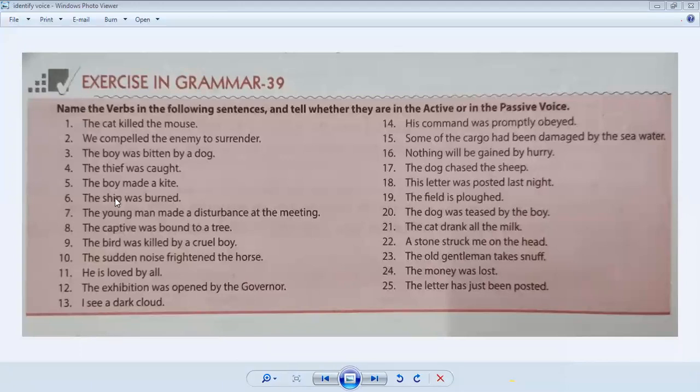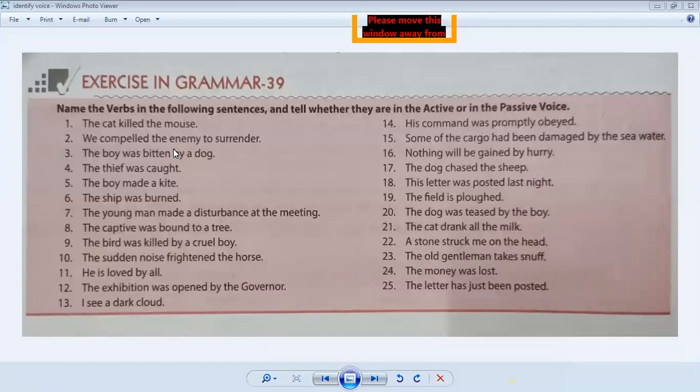Now look at the third sentence. The boy was bitten by a dog. Now, what is the action here? Bitten. Okay. And what is the word which is representing the subject here? Boy. Now, is the boy biting anyone? Is the boy performing that action of biting? No. Means what? Our subject is not performing the action represented by the verb.